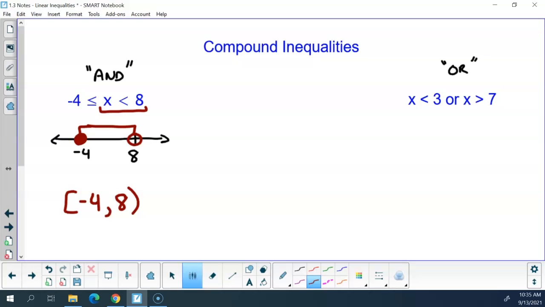In the OR case, just as a side note, this one I call a handle, because it literally looks like a handle. Like grab the handle on your backpack, like right there. Grab the handle on your backpack and go.